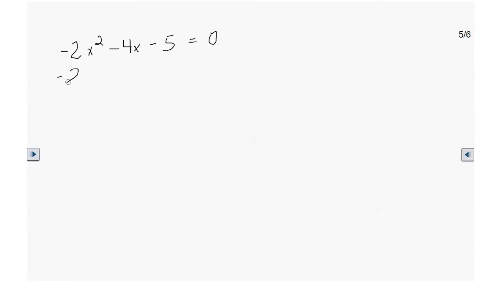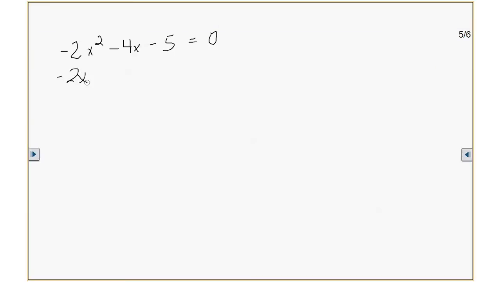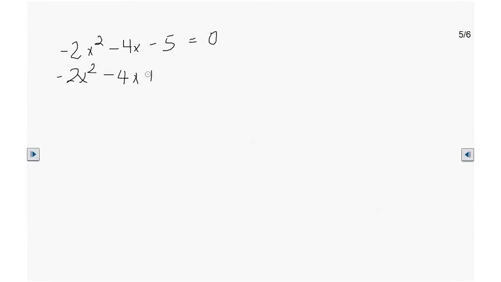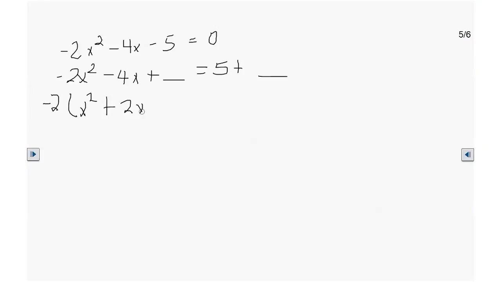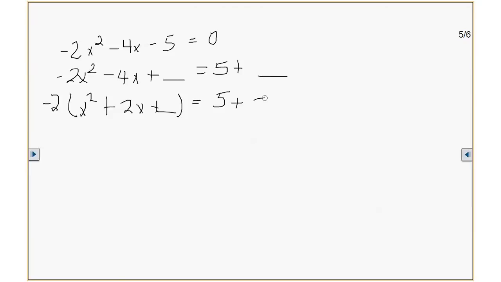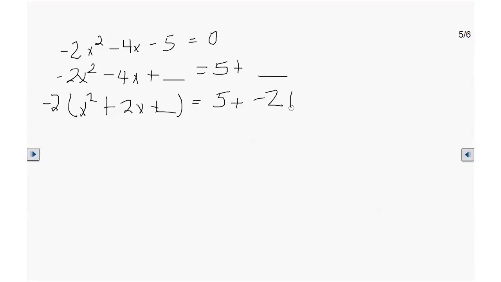So -2x² minus 4x plus blank equals 5 plus blank. Factor out a -2: x² plus 2x plus blank is equal to 5 plus -2 times blank.